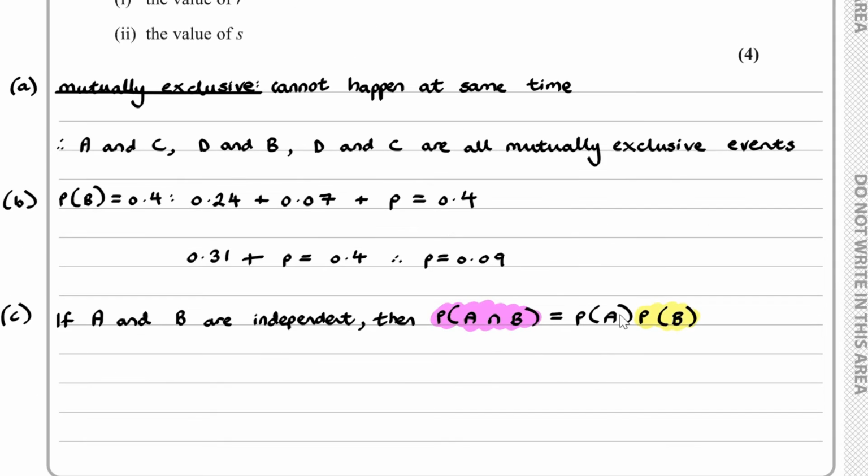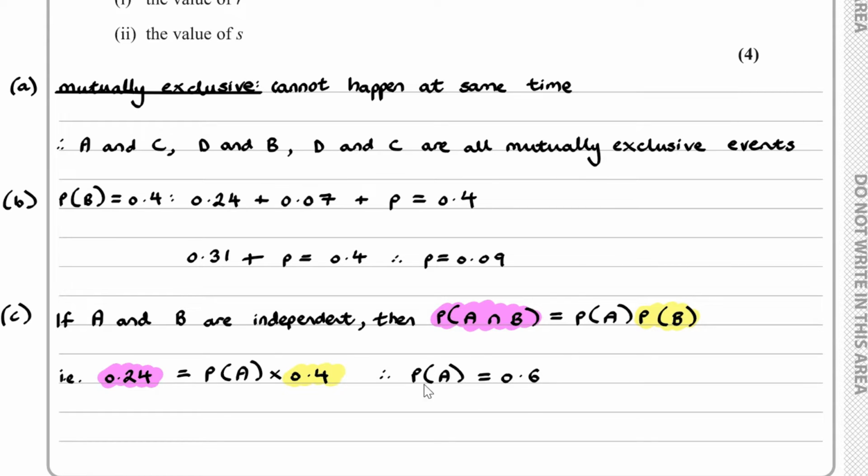So from this we can find out the probability of A. So we have over here 0.24. So this over here is the probability of A and B. This is equal to the probability of A multiplied by the 0.4, which is the probability of B. And from this we can find out the probability of A. The probability of A is therefore equal to 0.24 divided by 0.4, which is 0.6.